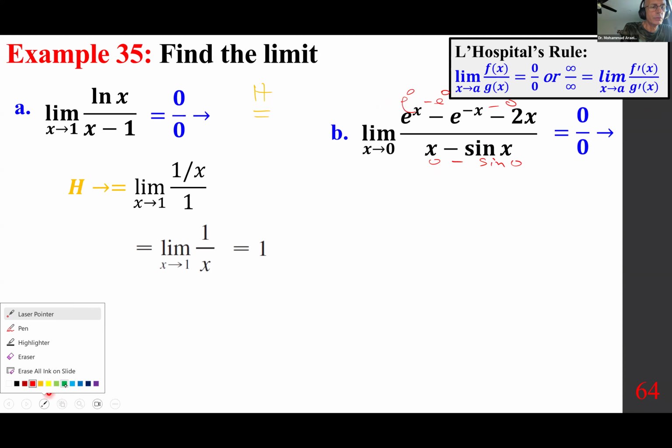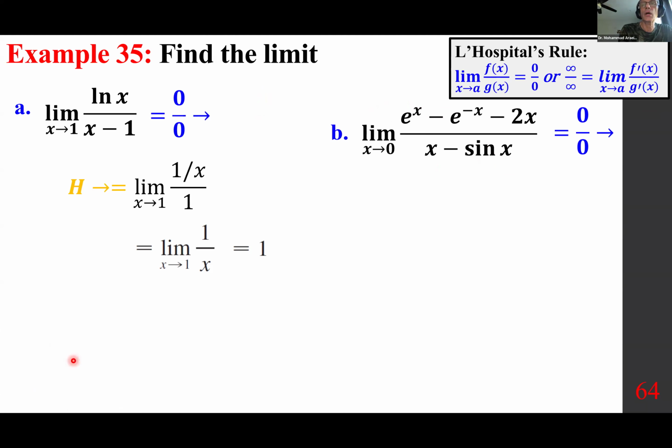Using L'Hopital's rule means I'm going to differentiate this, which is itself, minus I'm going to differentiate this, which makes this negative times negative positive e to the power minus x, and this gives me negative 2. I'm going to differentiate the bottom, 1 minus cosine x.